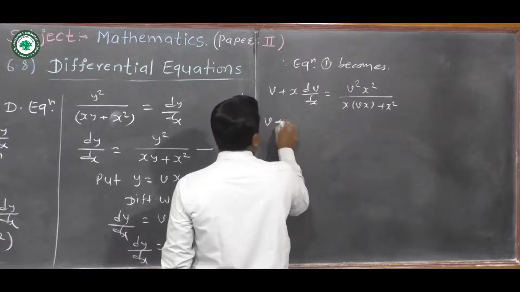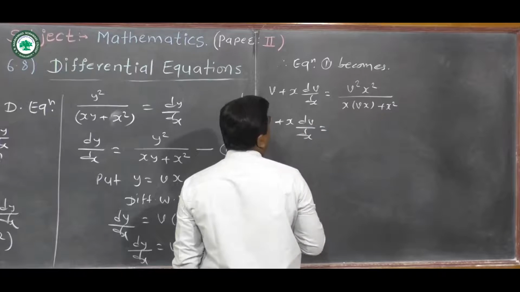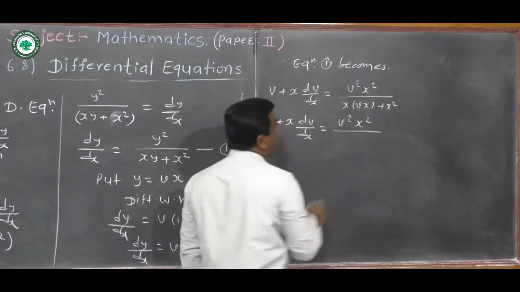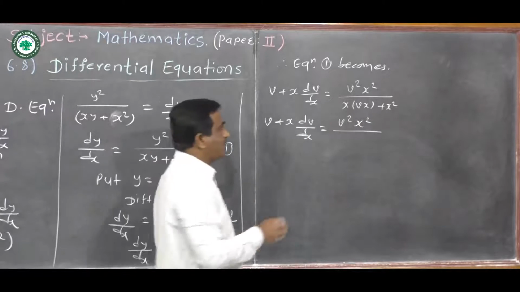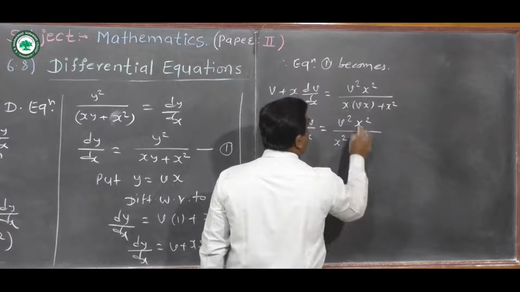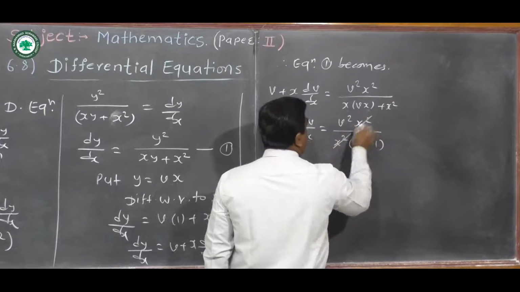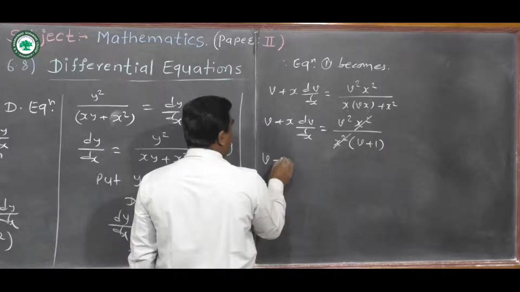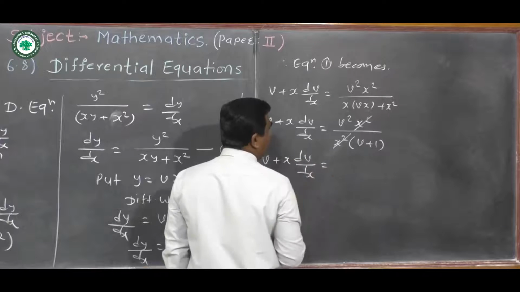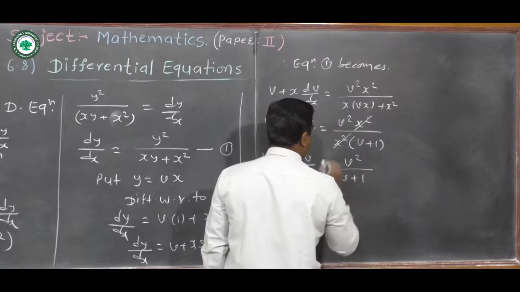That is, v plus x into dv by dx is equal to v square x square. At the denominator we can take x square common, x into x square plus x square common, in bracket remains v plus 1. Now this x square cancels out, remains only v plus x into dv by dx is equal to v square upon v plus 1.